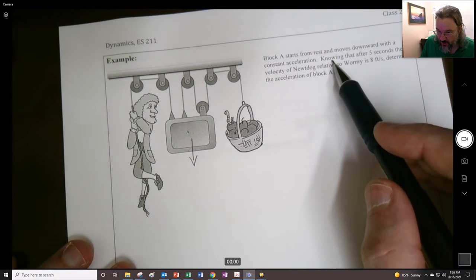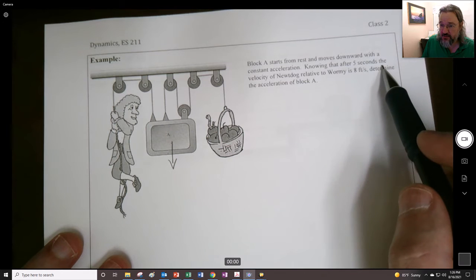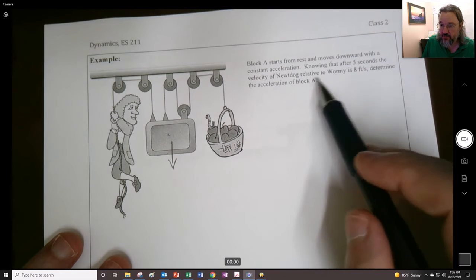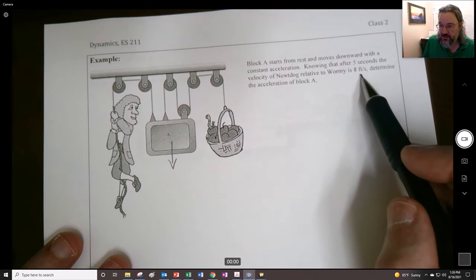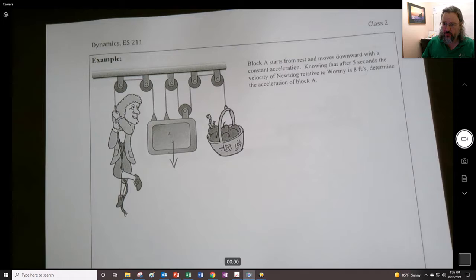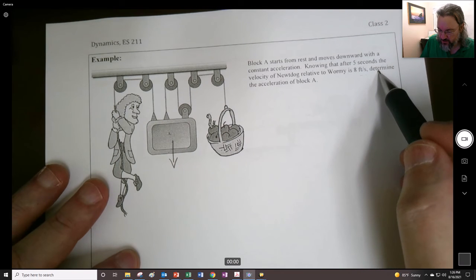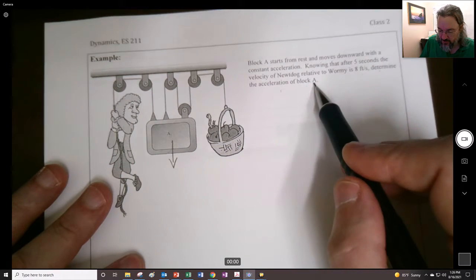Somehow we happen to know from observation that after 5 seconds have elapsed, the velocity of Newt Dog relative to Wormy is 8 feet per second. And we don't know whether that's up or down necessarily, like which one is greater than the other, but we will decide that by way of this dependent motion. We want to determine the acceleration of A, right?